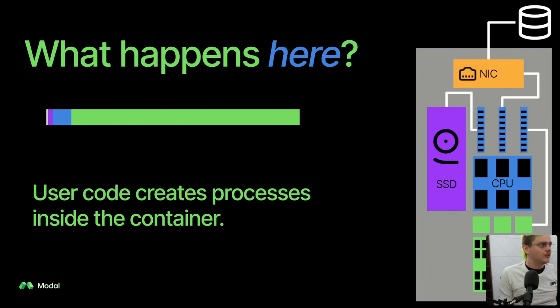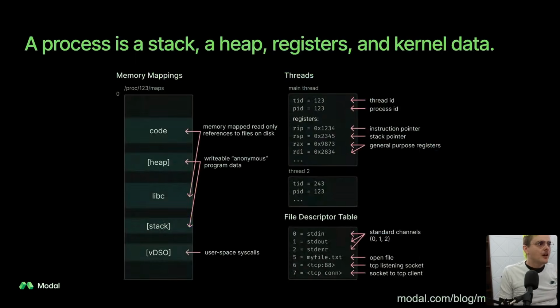All right, so what happens during this little blue phase here? We've got the container running. User code running inside the container is going to create a bunch of processes and threads within processes to start their application and get it ready to service requests. And the key insight here is that in the end, a process is also a data structure. It's a stack, a heap, registers, some kernel data.